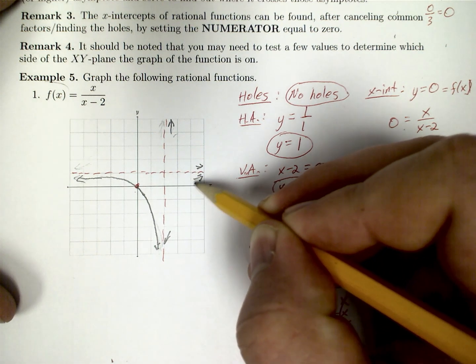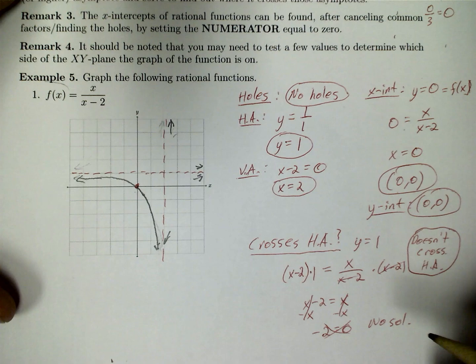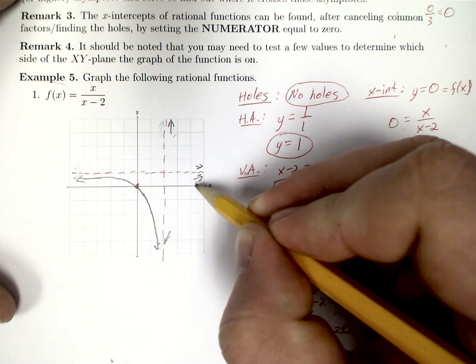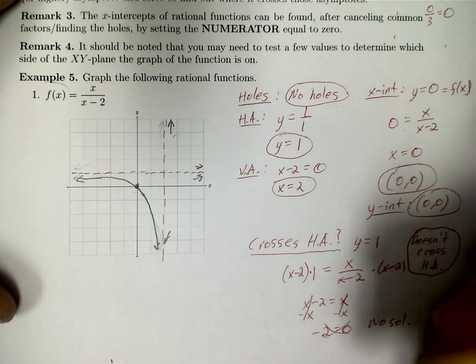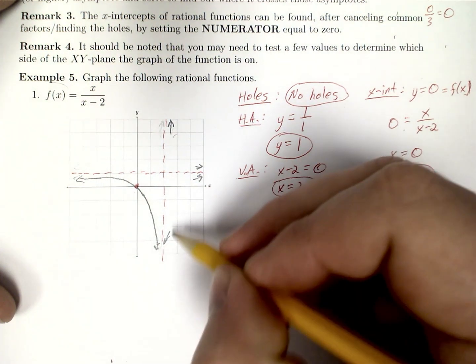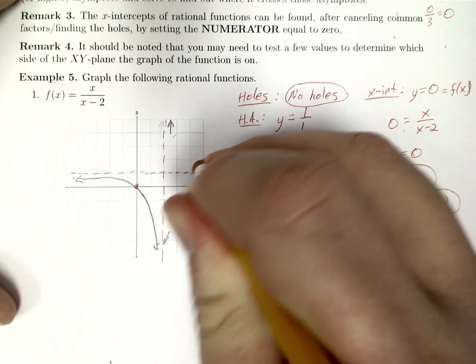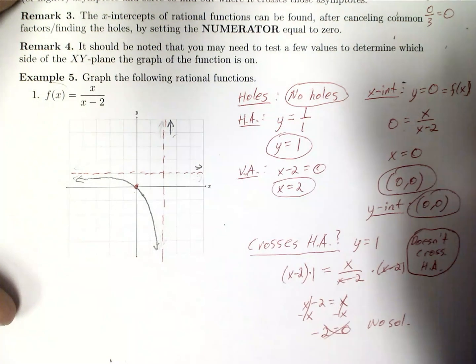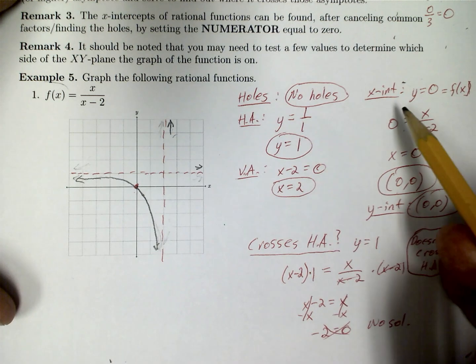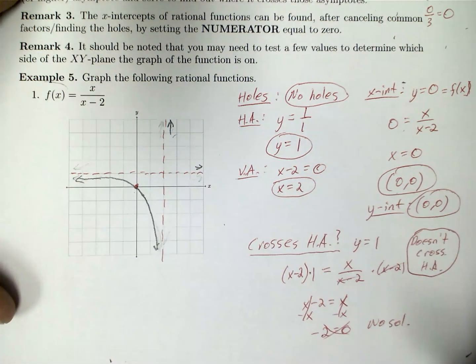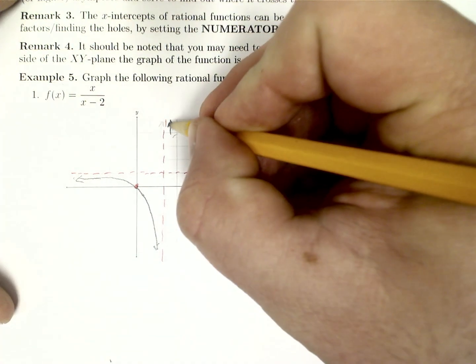It would cross the x-axis. If it crossed that, we would have found an x-intercept, which we don't have. So without checking anything, we know it absolutely can't be this one, because we found that there were no x-intercepts other than 0, 0, which we indicated with this one. So it must be this.